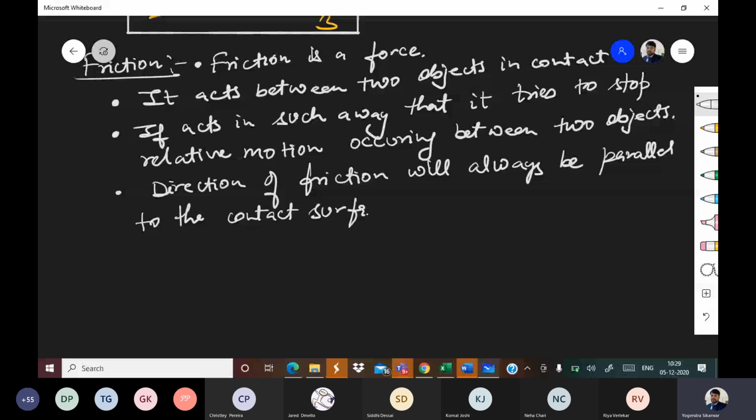Okay, if you remember, the direction of normal reaction is always perpendicular to the contact surface, right? In case of friction, it is always parallel to the contact surface. Okay, keep that in mind.